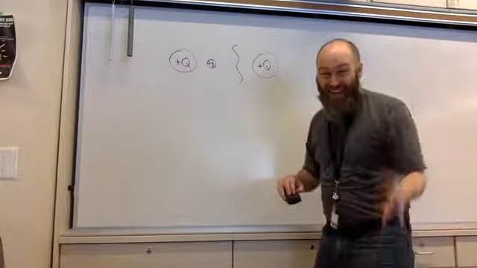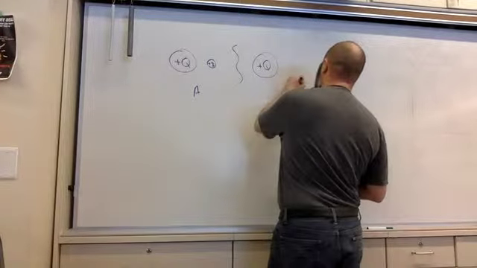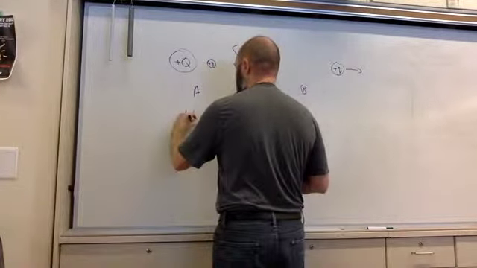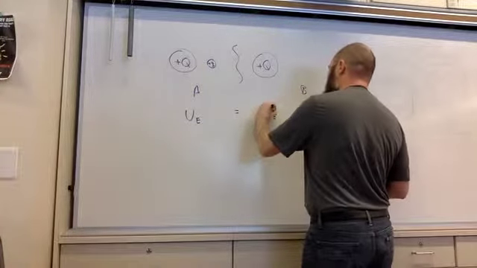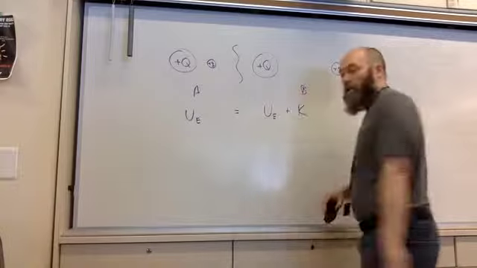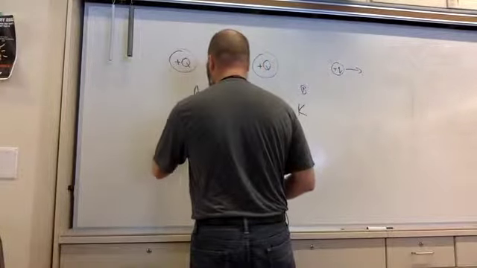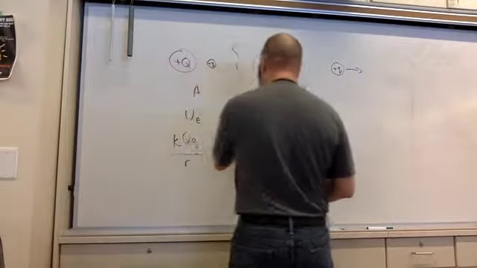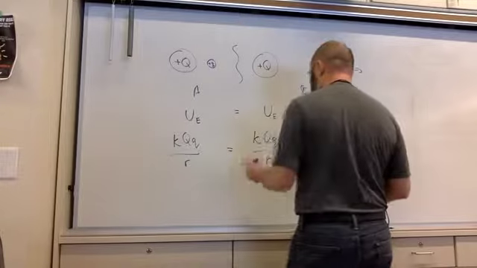If I was to do my equation just like we always do, here's my A, here's my B. At this point, I have UE. Over here, I have UE plus kinetic energy. Here would be kQq over r, and here I would get kQq over a different r.